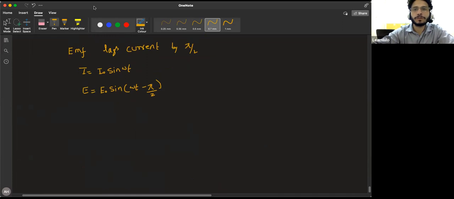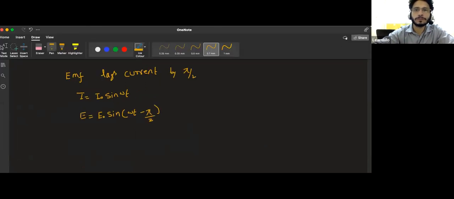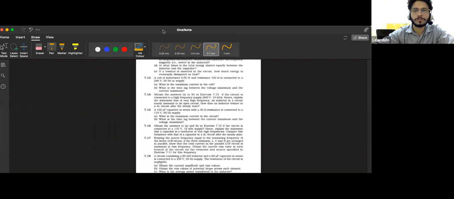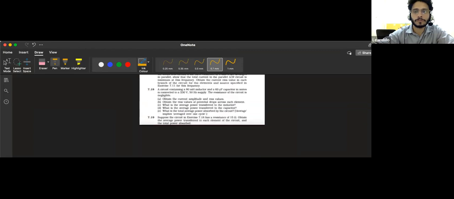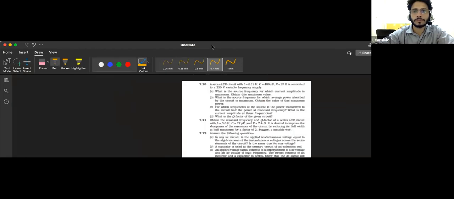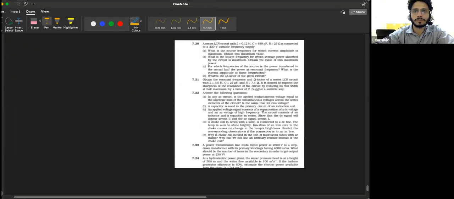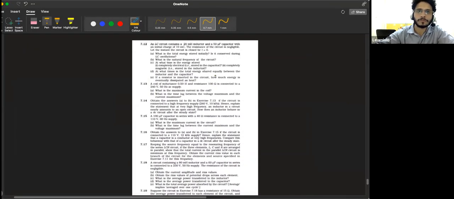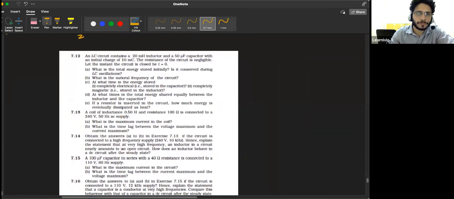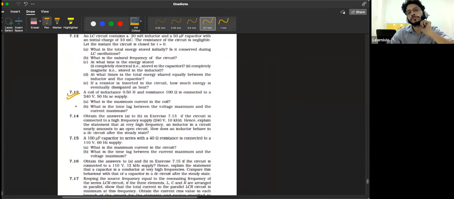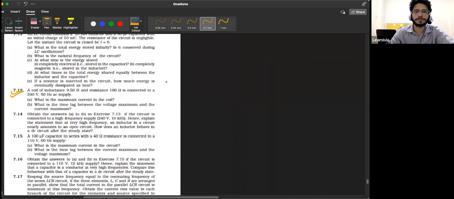So let's start with the questions of NCERT. Let's start with this question, 7.13. Note down the question and then solve it together.